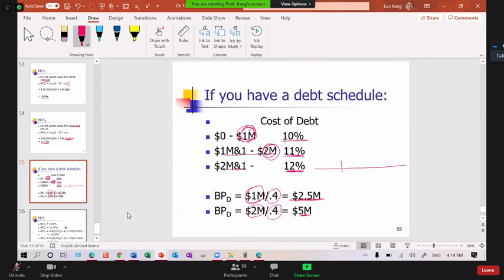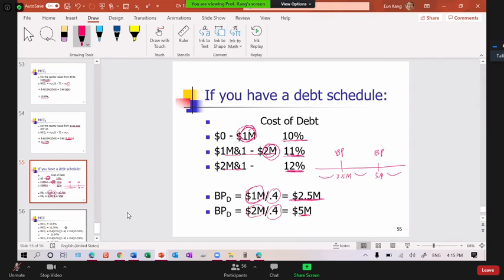The first breakpoint is 2.5 million, and the second breakpoint is 5 million. So we have 3 intervals, 1, 2, 3, right? There is always one more interval than the number of breakpoints. So 2 breakpoints, then 3 intervals. If we have 3 breakpoints, then 4 intervals. Likewise.